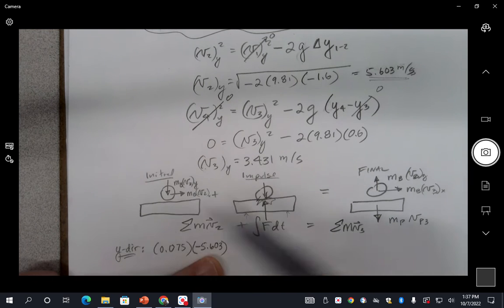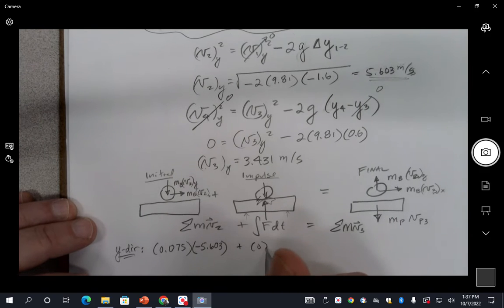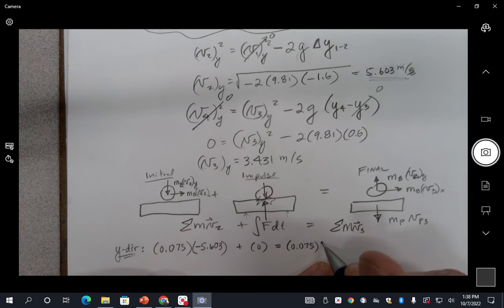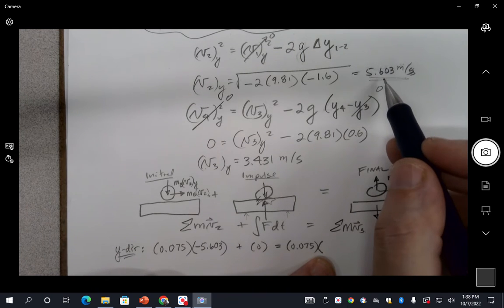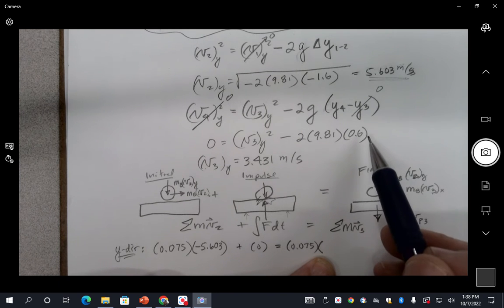And so in the y direction, that's the entirety of the momentum. We know that the impulse is going to cancel out in the y direction, so it's going to be a conservation. And here is where we're going to have a little bit more complication. We're going to have 0.075. We know this velocity, where did I put it?